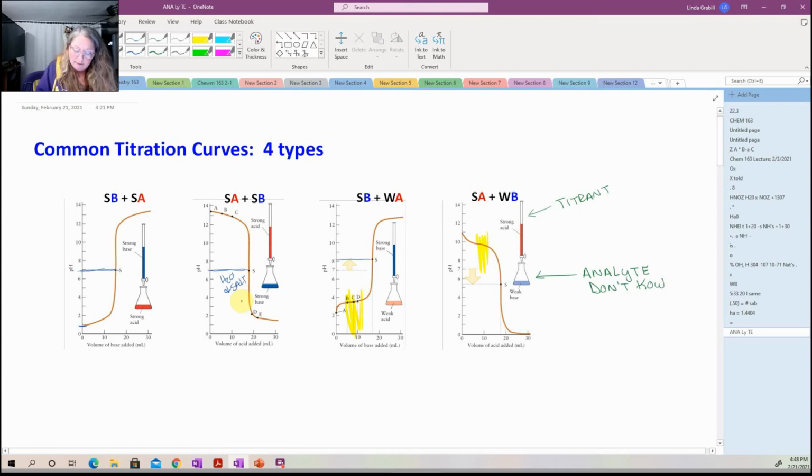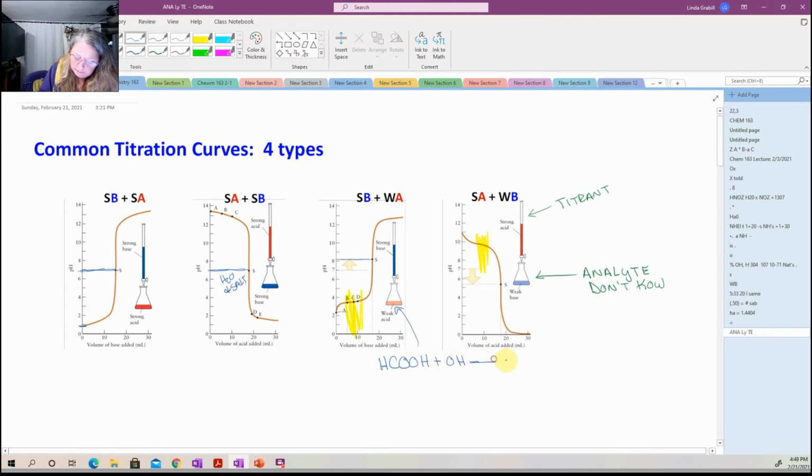But with our buffers, this would be a strong base, so I have a weak acid in here. Let's just stick with the same one that we've been doing, acetic acid, HCOOH. If this lives in my flask and I titrate it with a strong base, what am I left with?